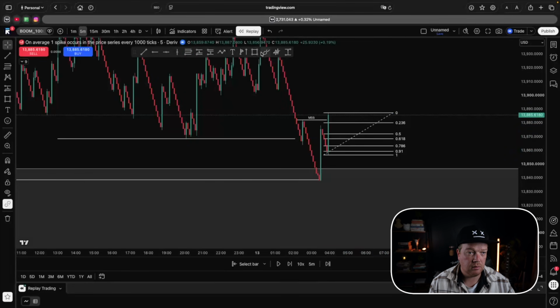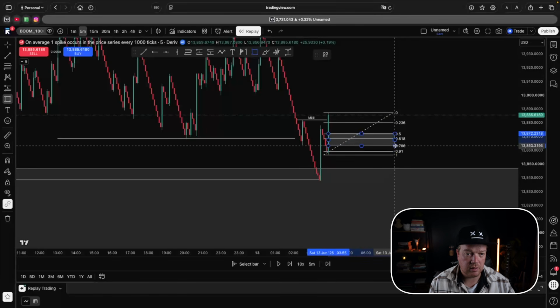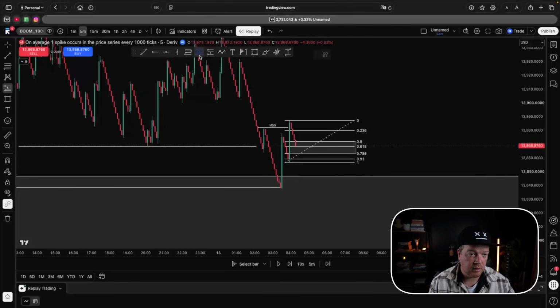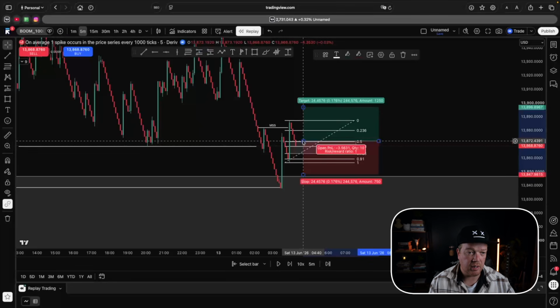And now again, we mark out our zones. There's our zone. And let's see if we get tagged in. It's coming down. And we get tagged in. So this is where I would take my entry.